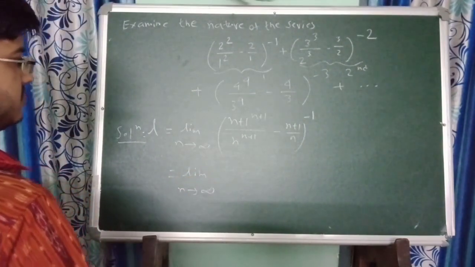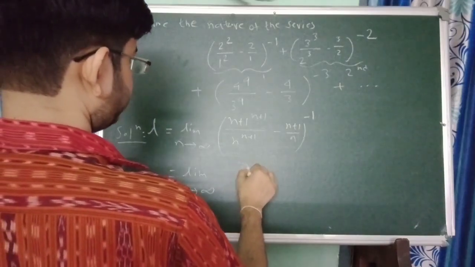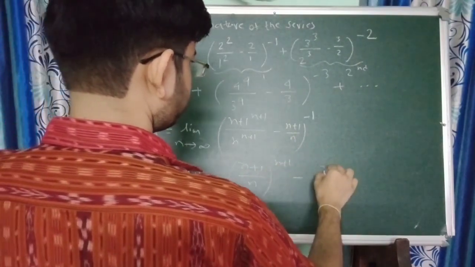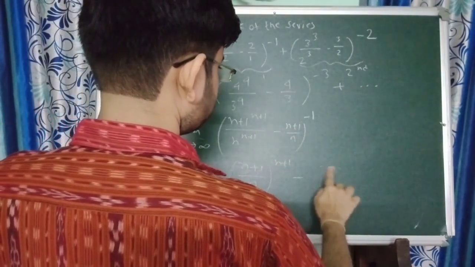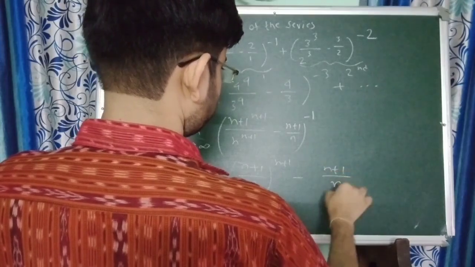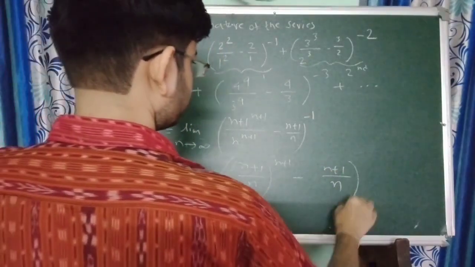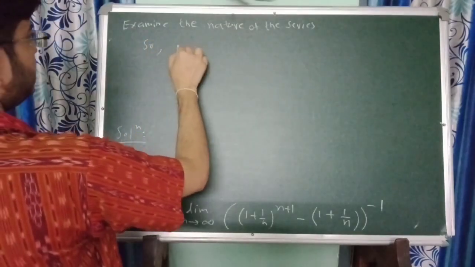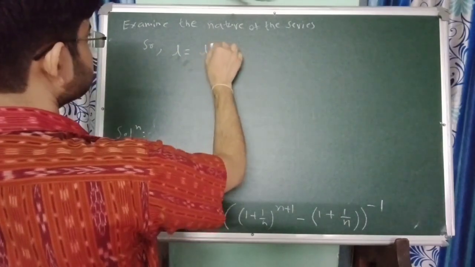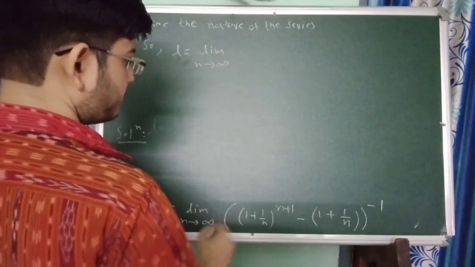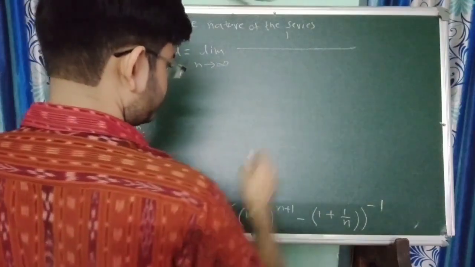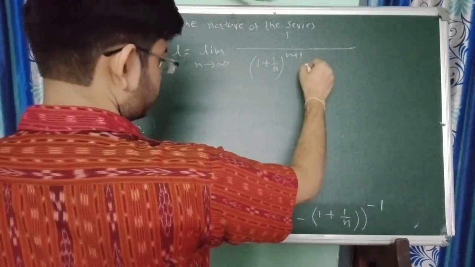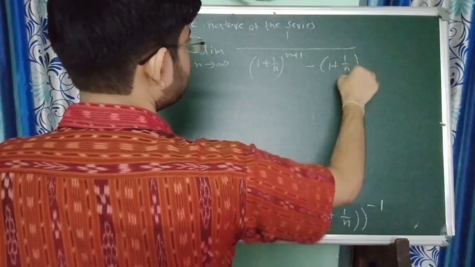Limit n tending to infinity of ((n plus 1) by n) to the power n plus 1 minus n, times ((n plus 1) by n) to the power minus 1. So L equals limit n tending to infinity of 1 divided by (1 plus 1 by n) to the power n plus 1 minus (1 plus 1 by n).